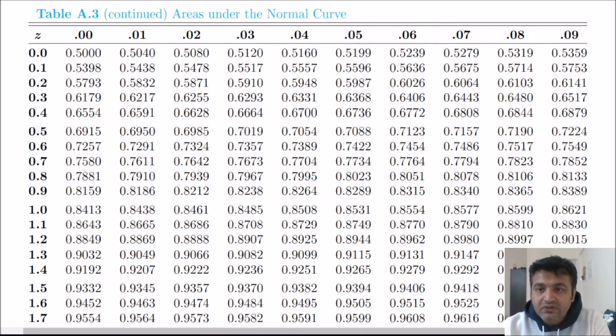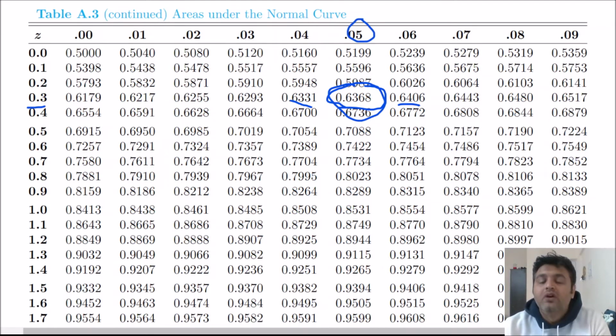There is no 0.6378, but this circled one is a number closer to 0.6378. So you will take z to be 0.35. That's the answer for z.